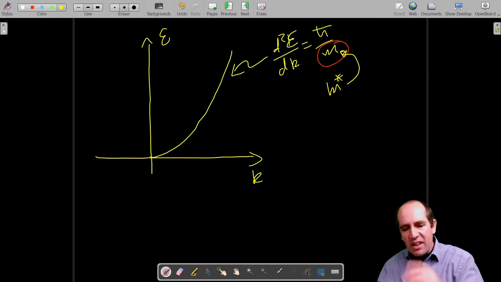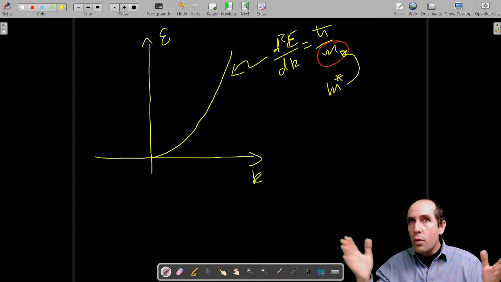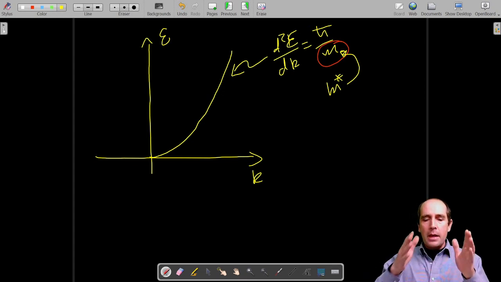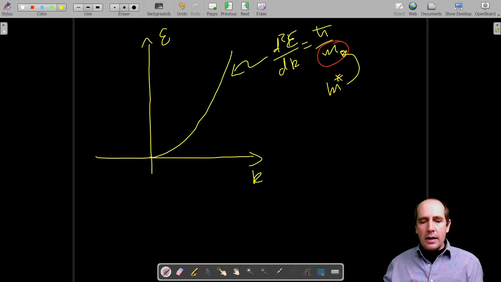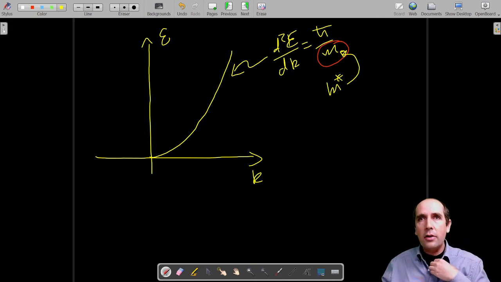So we have this plane wave, which we intuitively understand as the electron propagating, as an electron moving through the crystal. And this electron will have an effective mass that is related to this particular relationship between the k vector and the energy. And again, this has all been done with very simplistic arguments.